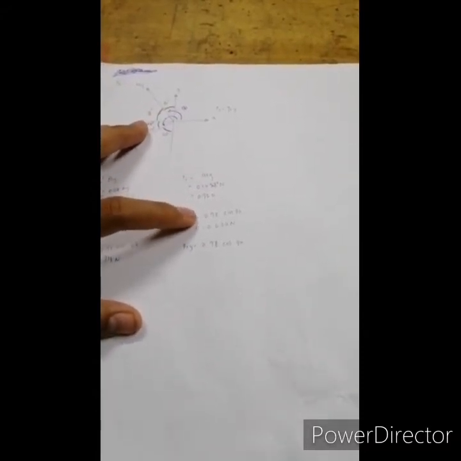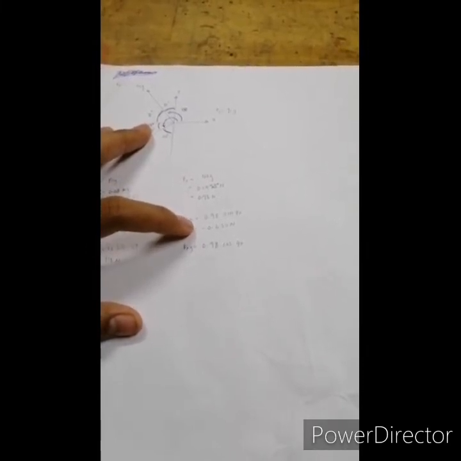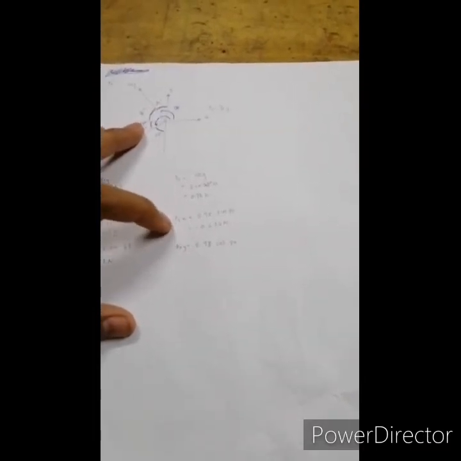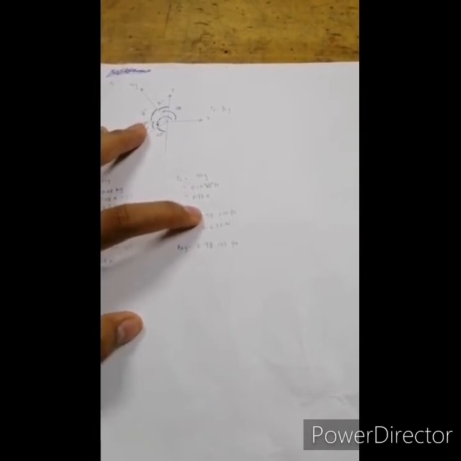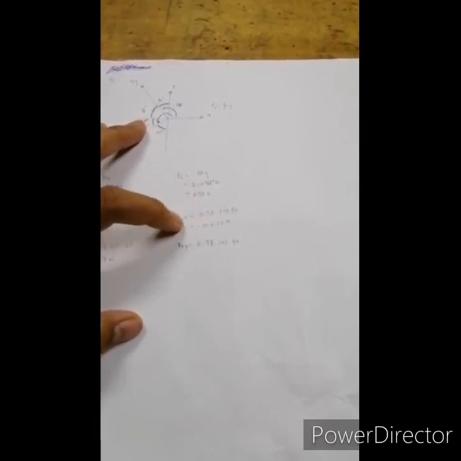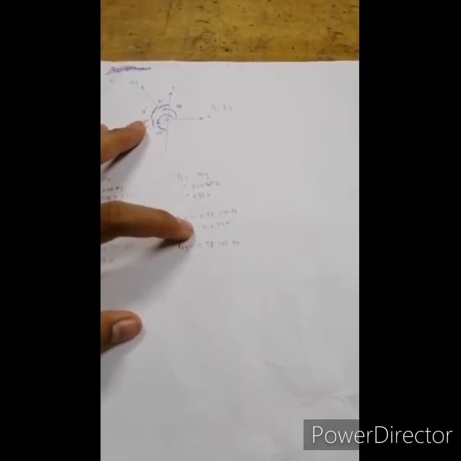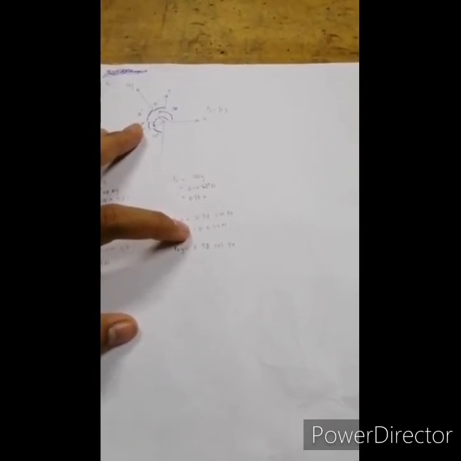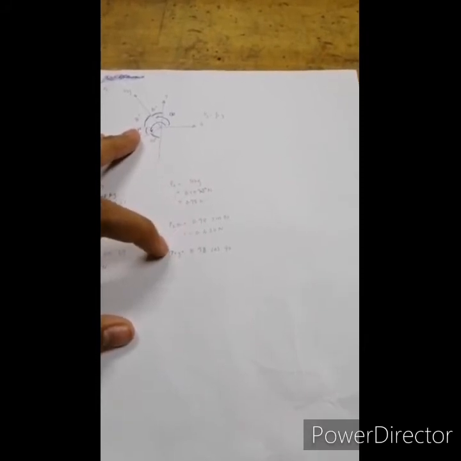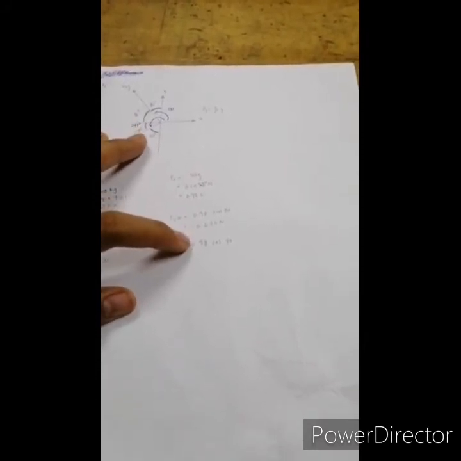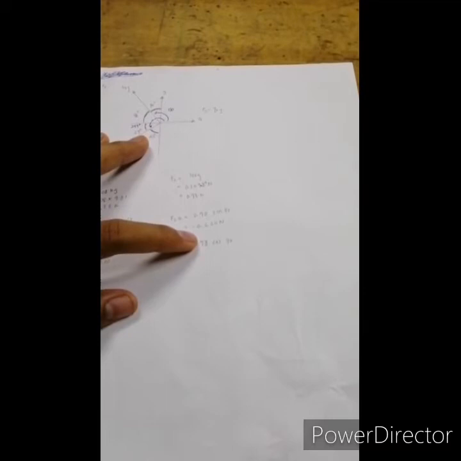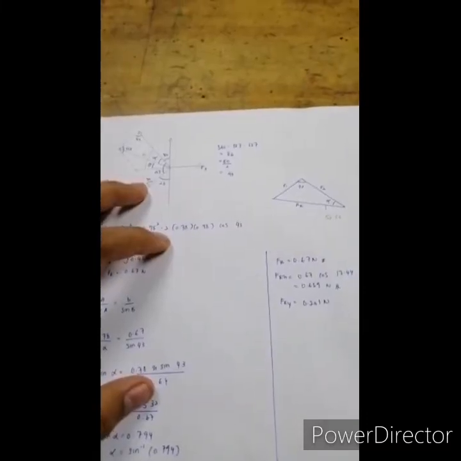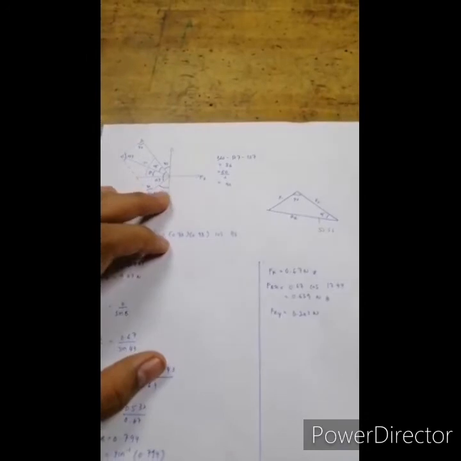F2x is 0.98 sin 40, which is negative 0.630 Newton. F2y is 0.98 cos 40.